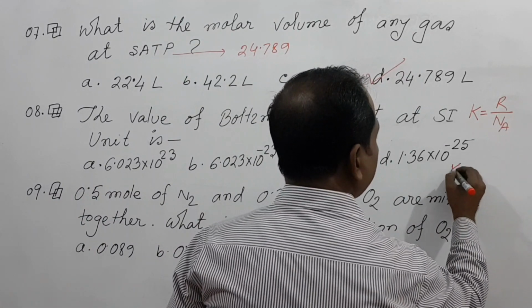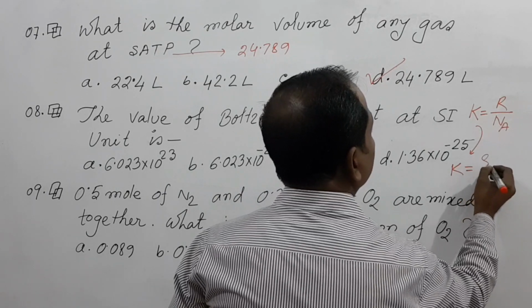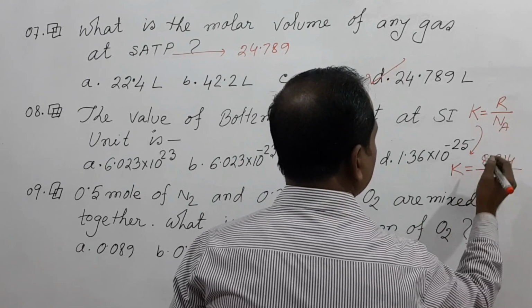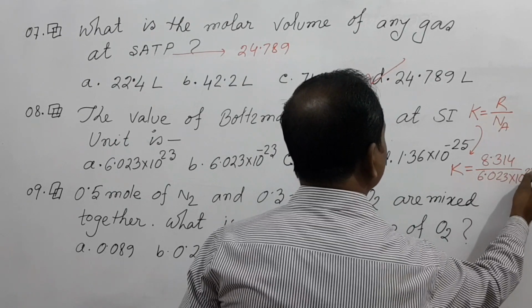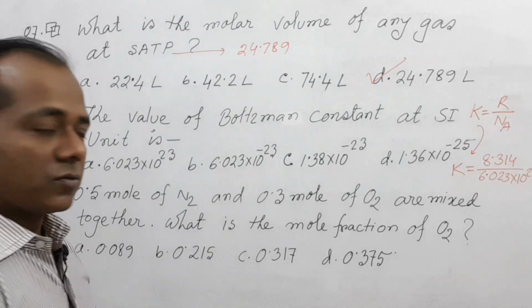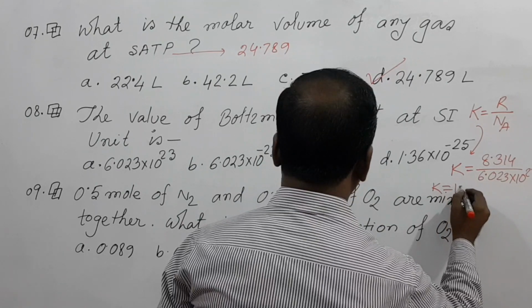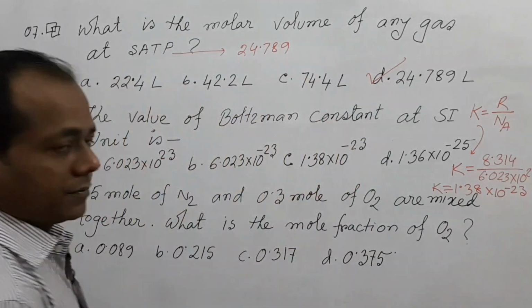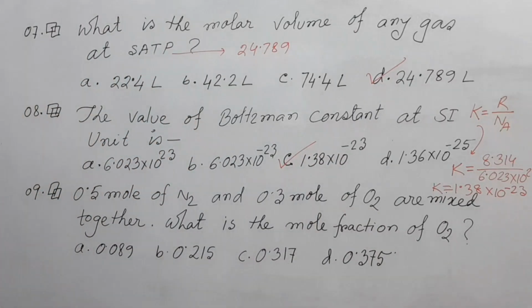So K equal to, in SI unit we get R equal to 8.314 divided by Avogadro's number 6.023 into 10 to the power 23, and the answer is K 1.38 into 10 to the power minus 23. So here the right answer is option C, 1.38 into 10 to the power minus 23.